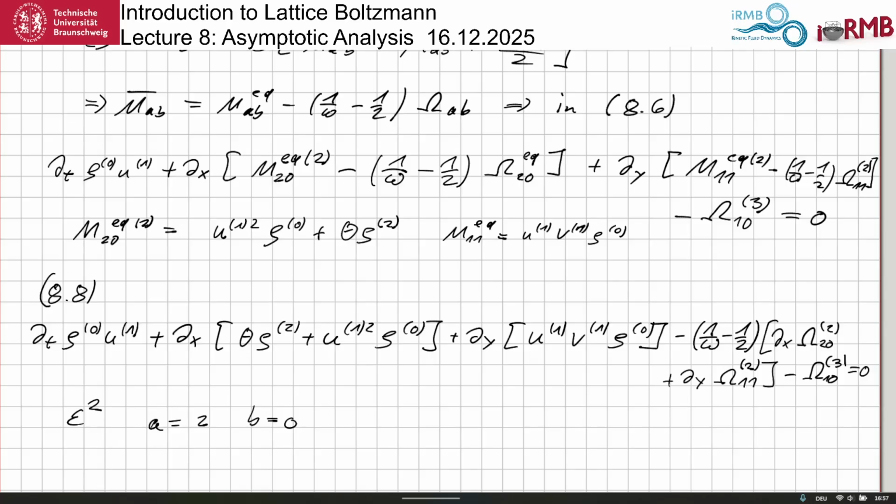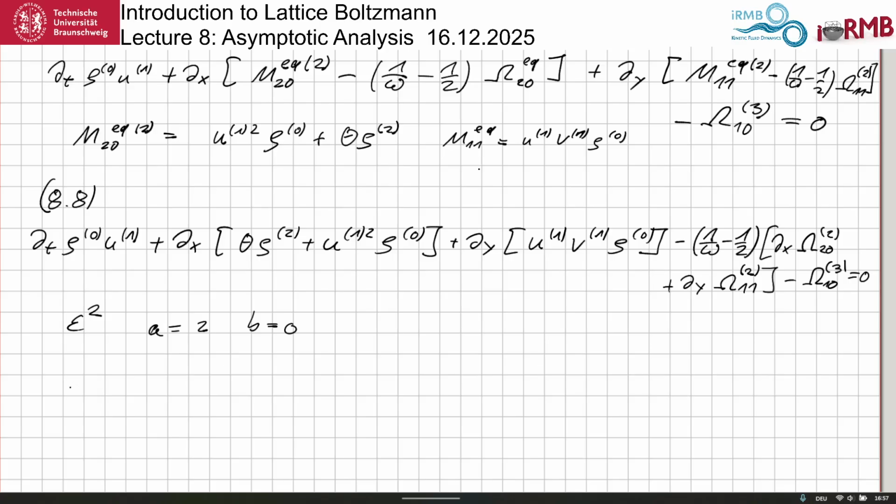Doing this gives us dt m20 to 0 order, and we've already said that that would be constant, so we'll put this to 0, plus dx m30.